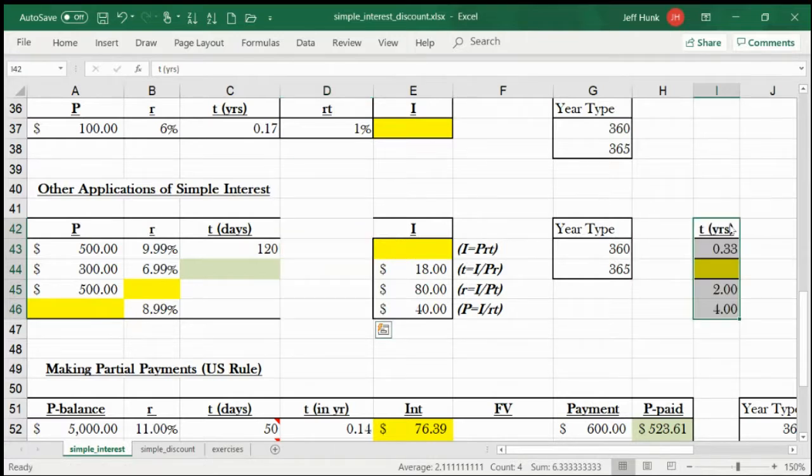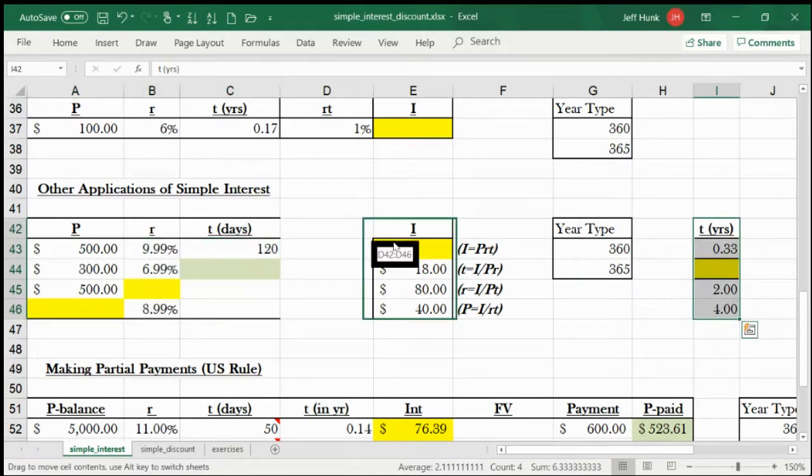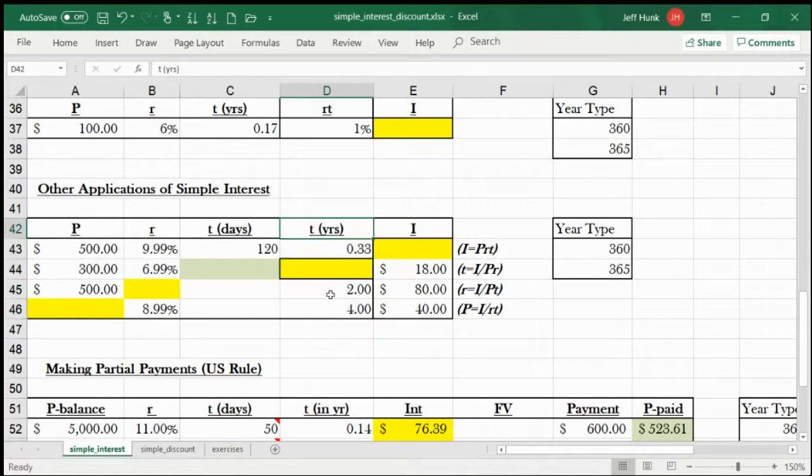As I said, in the original problem in the book, basically the scenario given is only this, right? And when you build the model, you will need to insert another column so that the time would be converted into years.